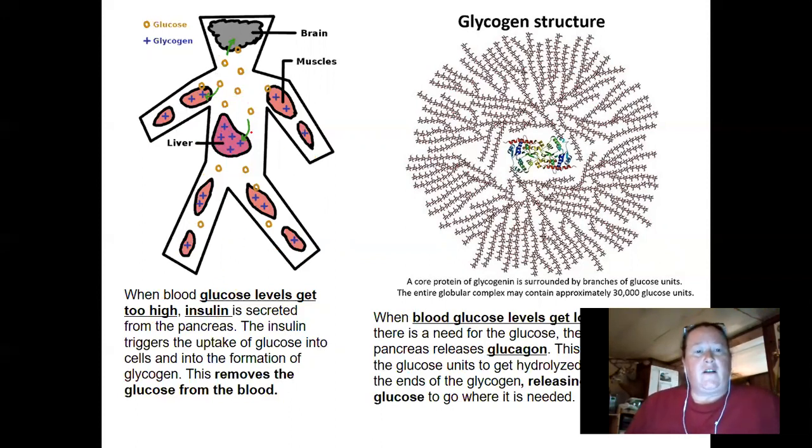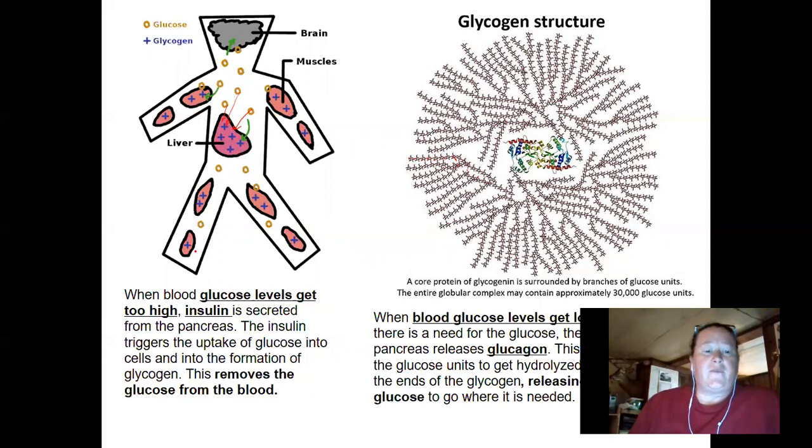Now this triggers this reaction right here. It triggers this glycogen enzyme to start pulling that glucose from the blood and linking it together to form glycogen, which is stored in the liver and in the muscles.